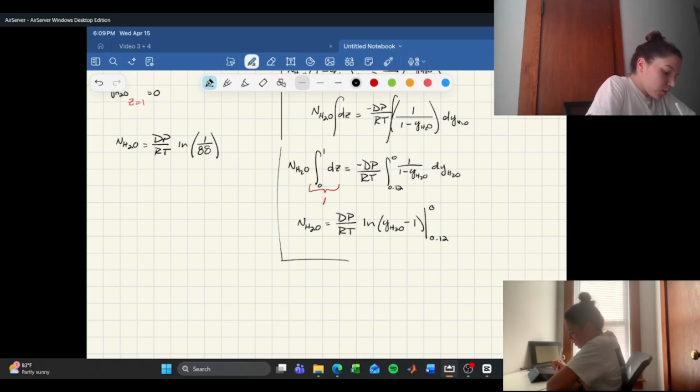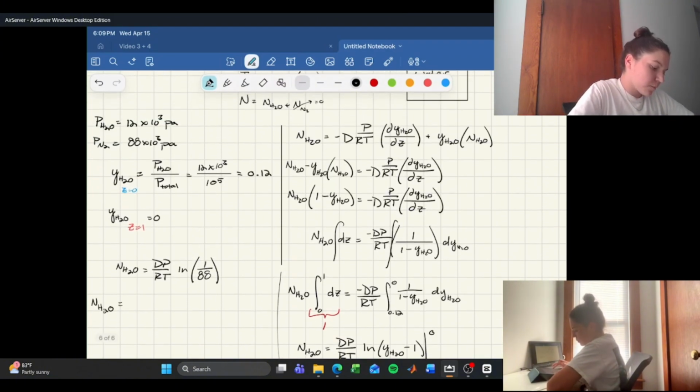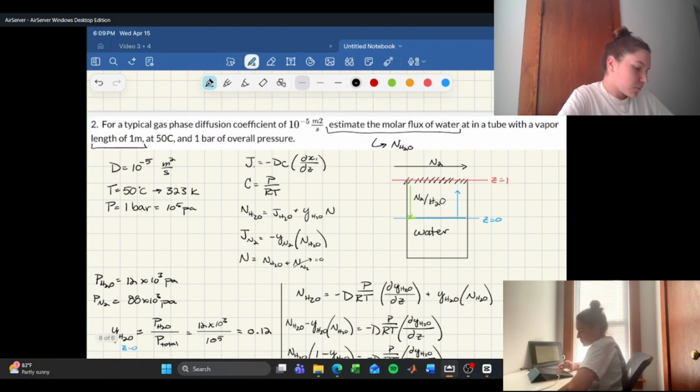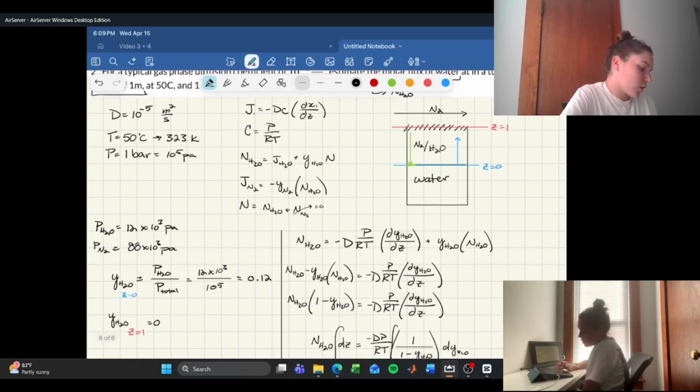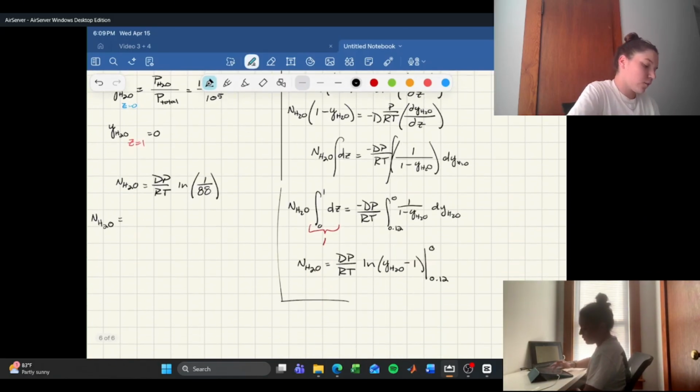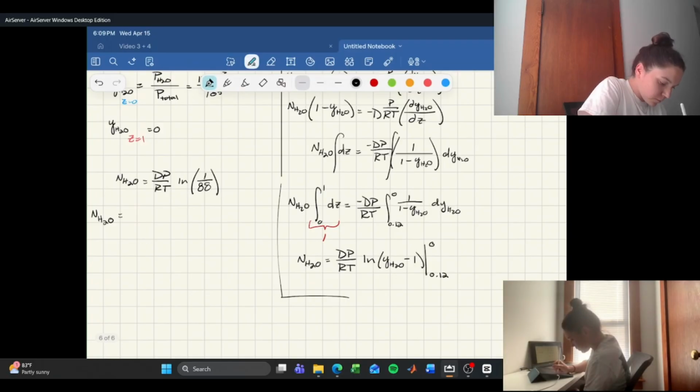Okay. Then we have the flux of the water is equal to, we said that the diffusion coefficient is 10 to the negative 5 meters squared per second. The pressure we said was 10 to the 5th pascals.